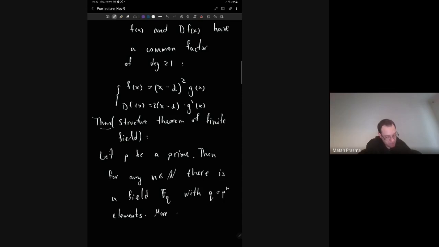Moreover, F_q is unique up to an isomorphism.